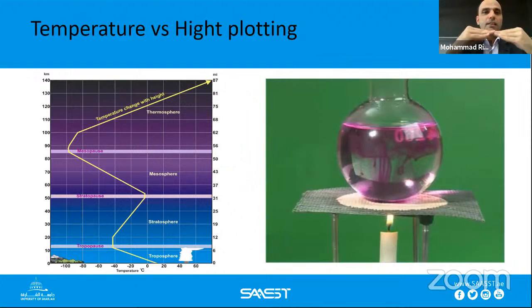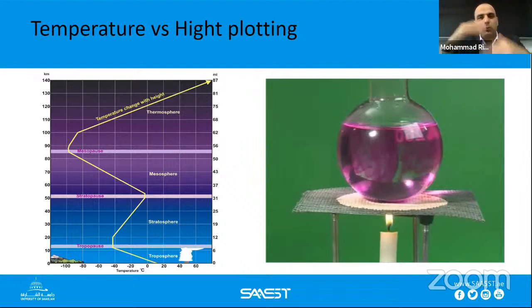Temperature is the main factor that can separate, or make barriers between, one layer and the upper one.